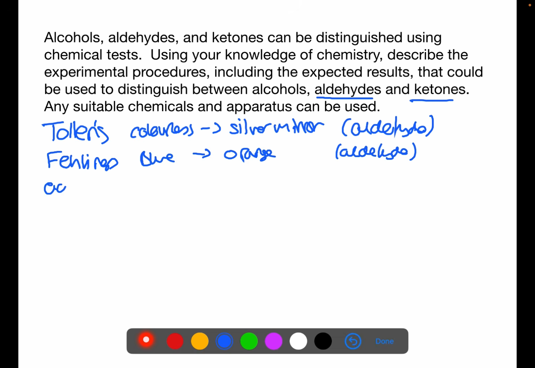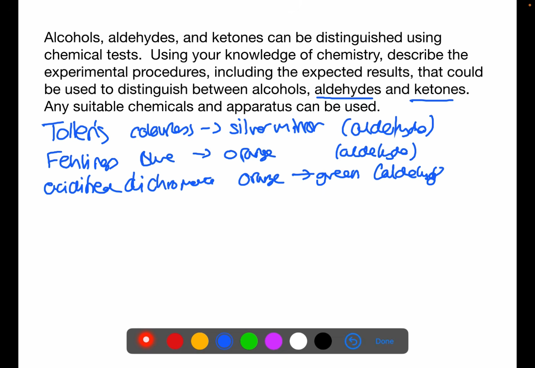And then we also have acidified dichromate, which goes from orange to green for aldehydes. So alcohols can also be distinguished using hot copper oxide. Okay, and this will go from black to brown.